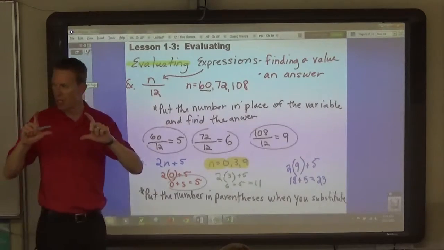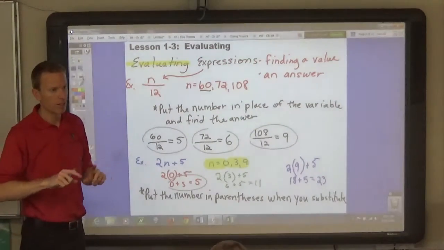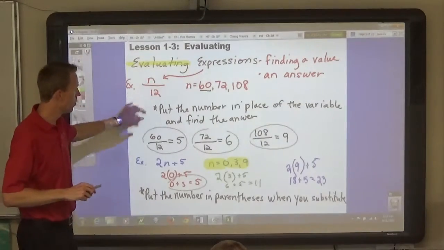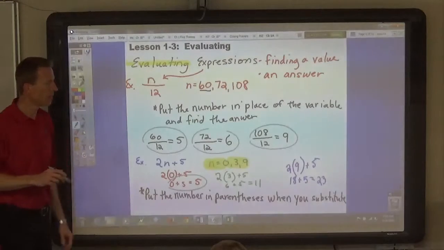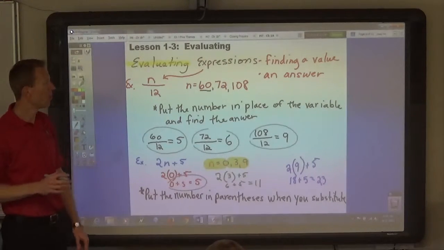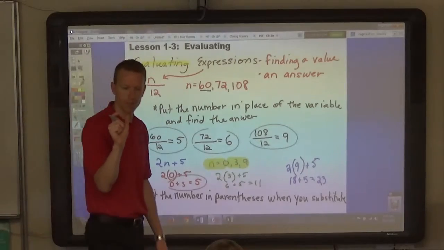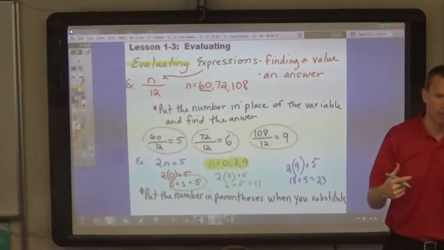Whenever you substitute the number in, make sure that you put it in parentheses, okay? And that way it'll help you to do the right operation. So always put it in parentheses when substituting. It's really important to do that, especially when there's a negative sign, or if you're substituting in a negative number.